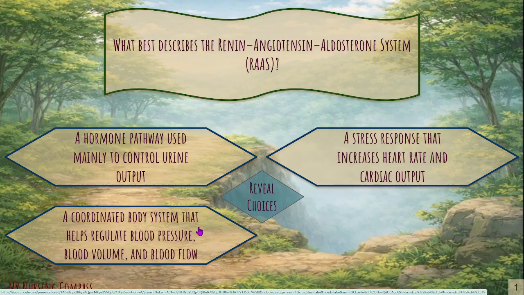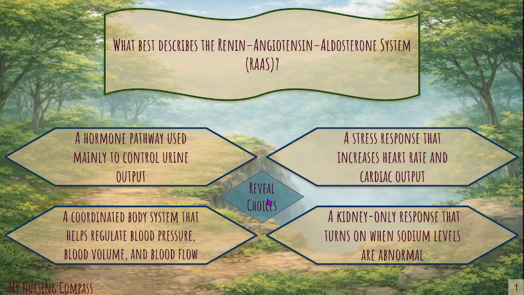C, a coordinated body system that helps regulate blood pressure, blood volume, and blood flow. D, a kidney-only response that turns on when sodium levels are abnormal. I'm going to give you about 15 seconds to think about this and select your best response. What best describes the RAAS system?